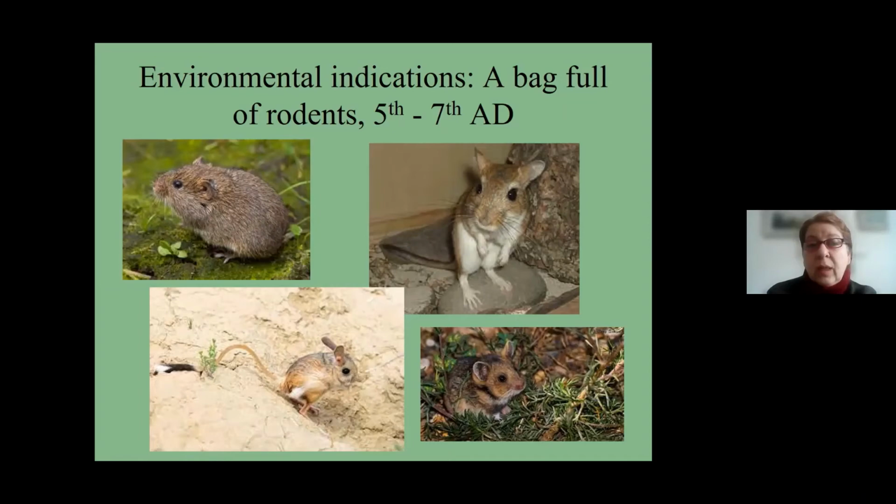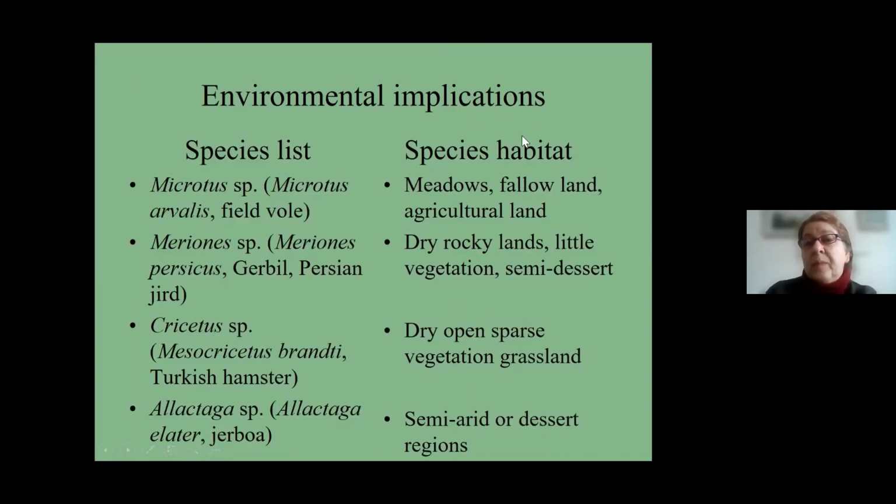around Amorium. When you look at the habitat of these animals, with the exception of Microtus, which likes wetter environments but can live in a very wide range of habitats, most of them are animals of semi-arid, dry lands, even deserts, with open and sparse vegetation.